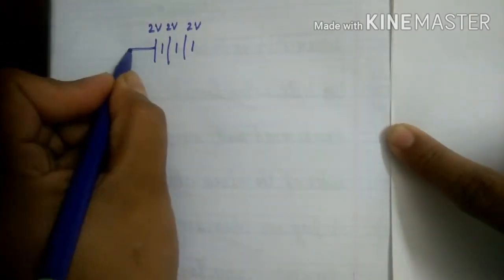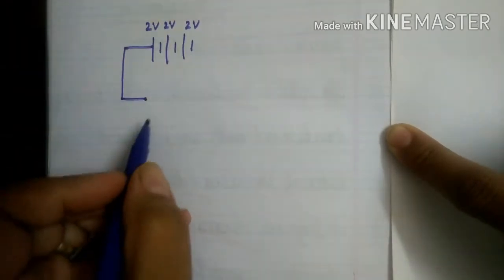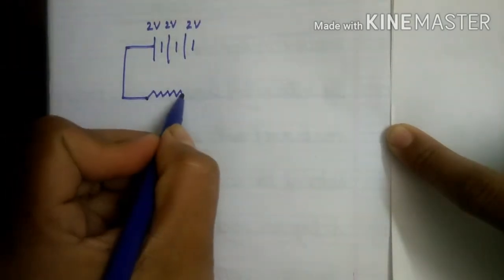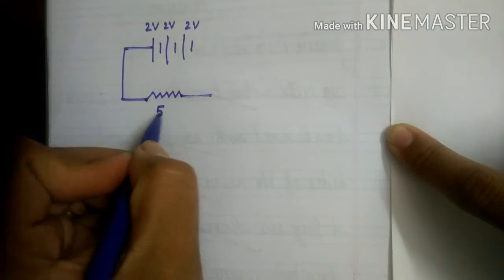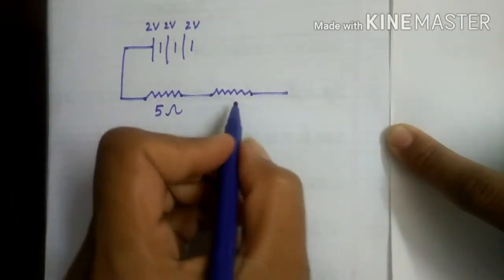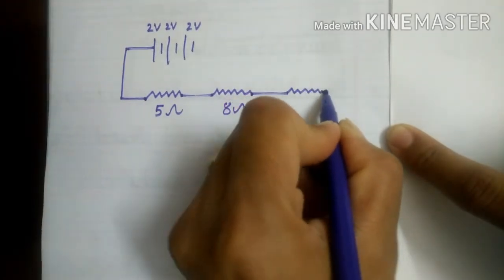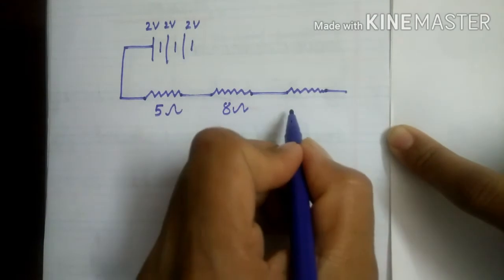Each cell has 2 volt. Then 3 resistors are here: 5 ohm, another one 8 ohm, and last, 12 ohm.